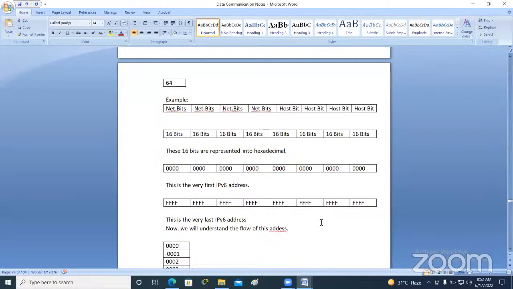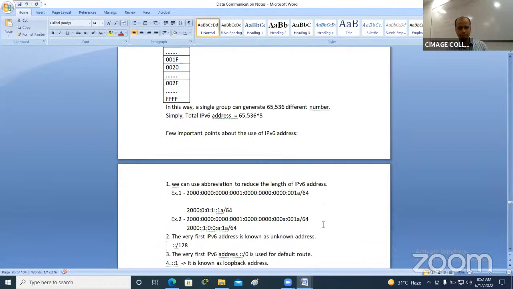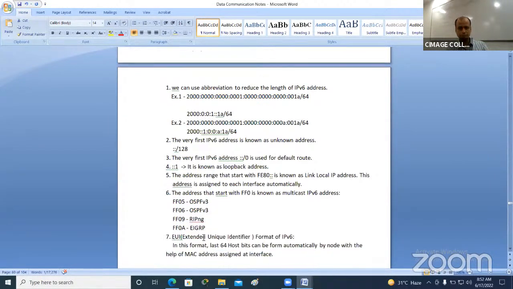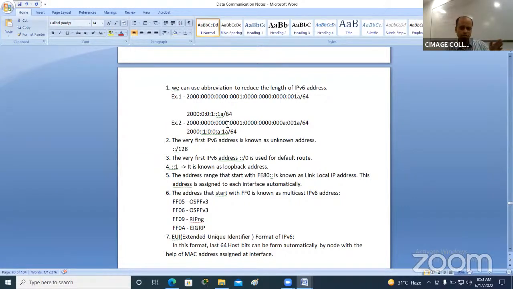Yes, sir. Now, a few more points. Abbreviation can be used, which means we can remove zeros, and in place of continuous zeros, we can put a double colon.